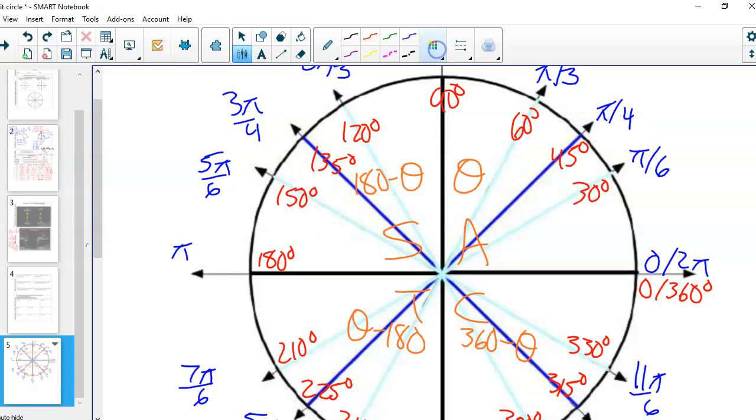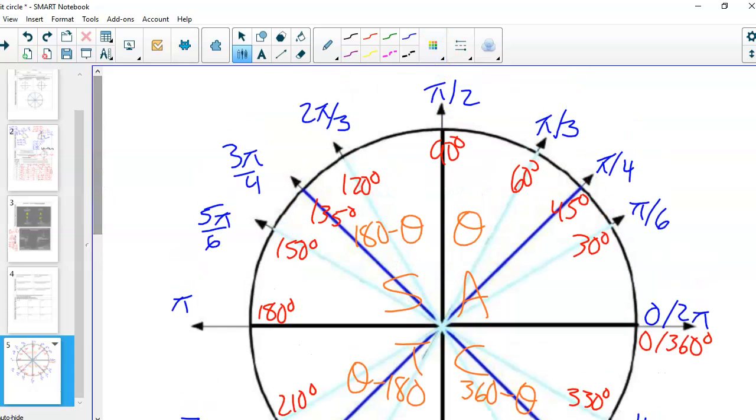So now we're going to write our exact values for all of these, starting with 1, 0. What is your ordered pair for 30? Root 3 over 2, 1/2.